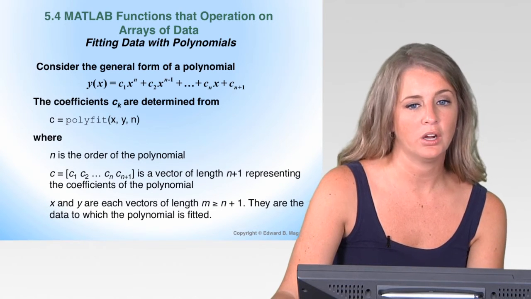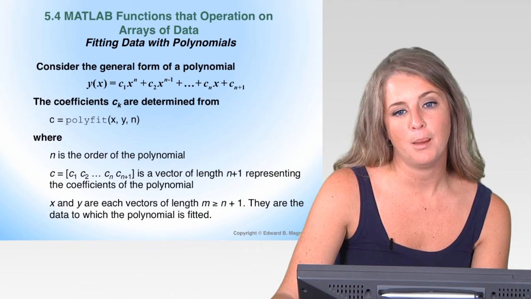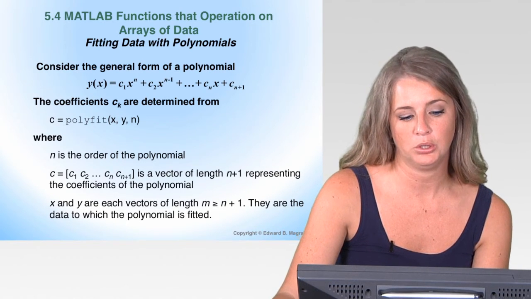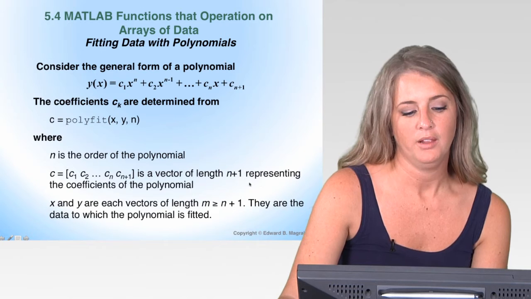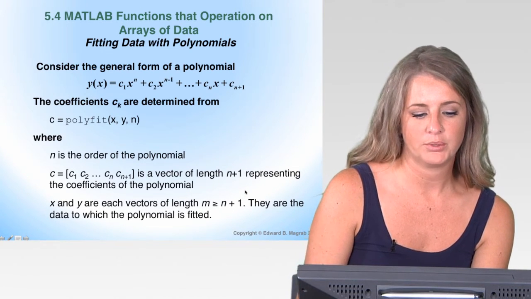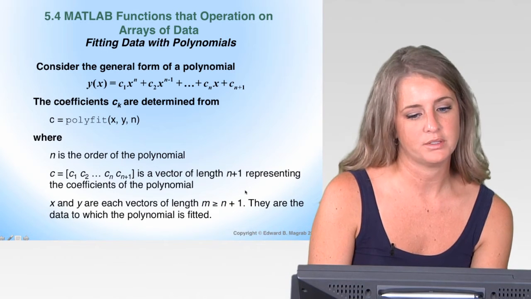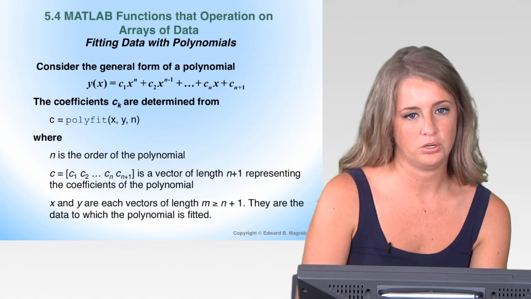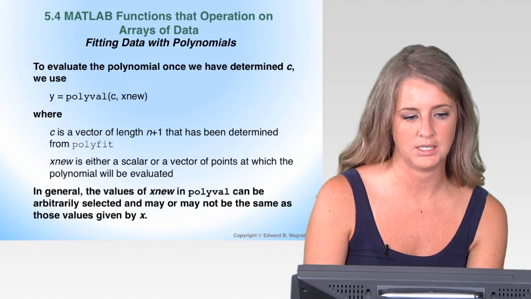And then x and y are each vectors of length m that is greater than or equal to n plus 1. They are the data to which the polynomial is fitted. So again, I'll be demonstrating examples in the other video, but we'll just go over the general syntax here so you have an idea.